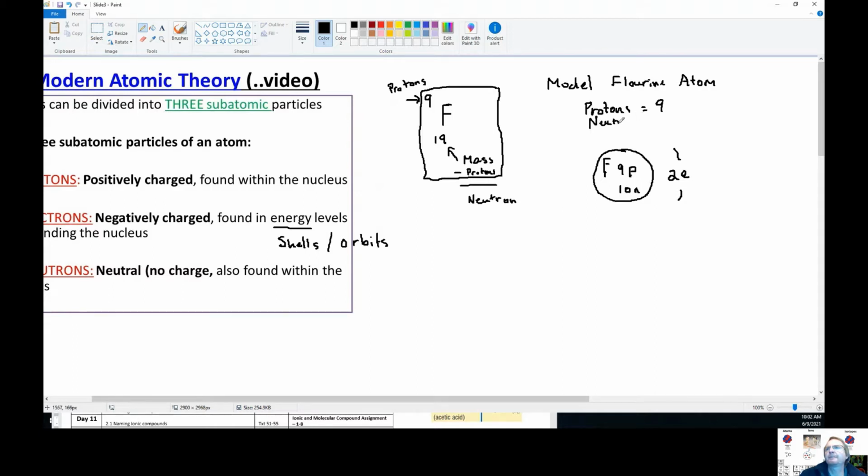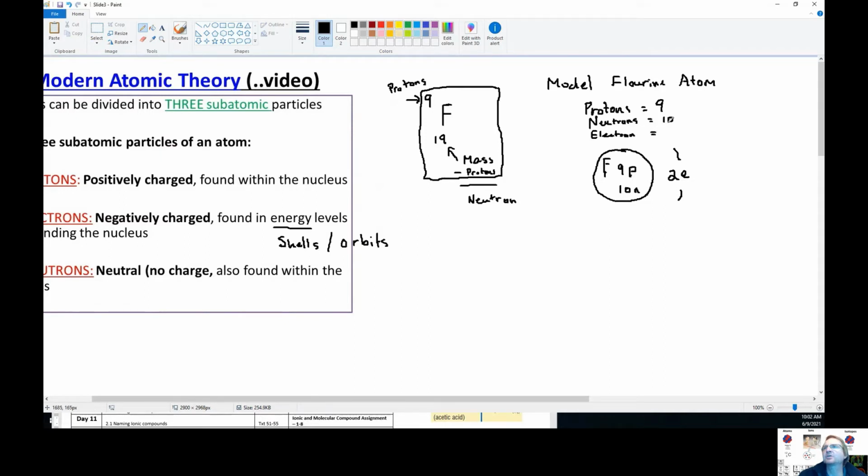Neutrons, now we did calculate that, right? 19, the mass, minus the protons. Oh yeah, so 10. And make sure you know how I got that 10, because you're going to need to answer questions on this.